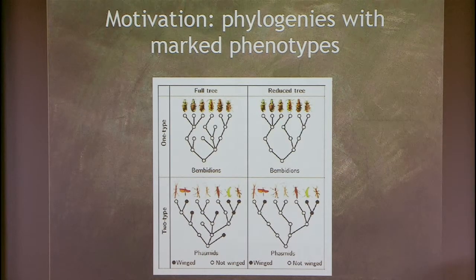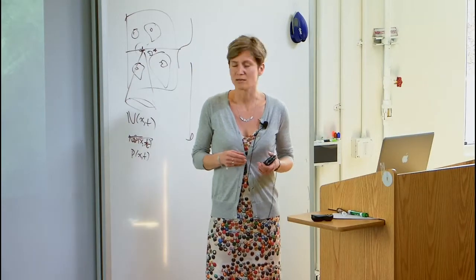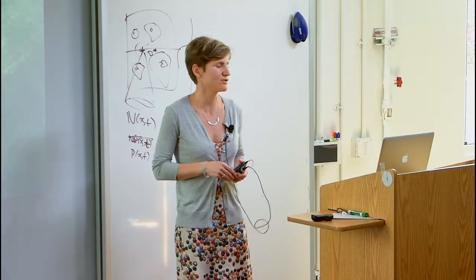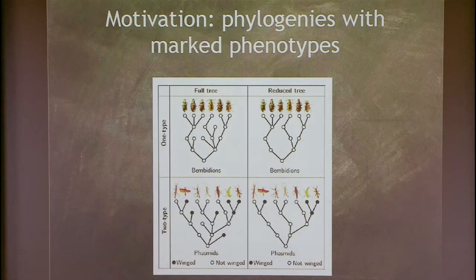You can think of things like wingless and winged insects, or self-incompatible and self-compatible plants. So there is some switching between the phenotypes, in the sense that you can have a winged species that becomes wingless and then becomes winged again.